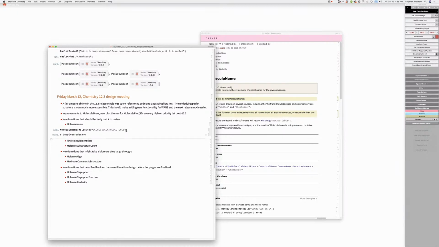Does anybody care? It's definitely needed in the pharmaceutical industry for filing patents. And the name generated in that way is an unambiguous representation of the molecule, or intended to be.